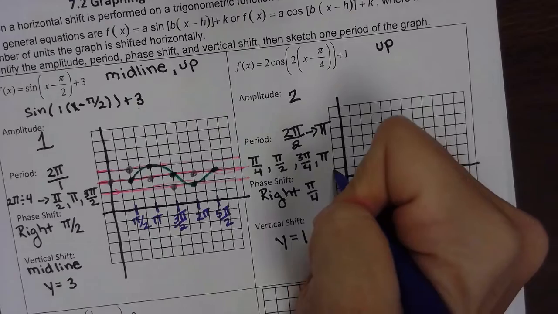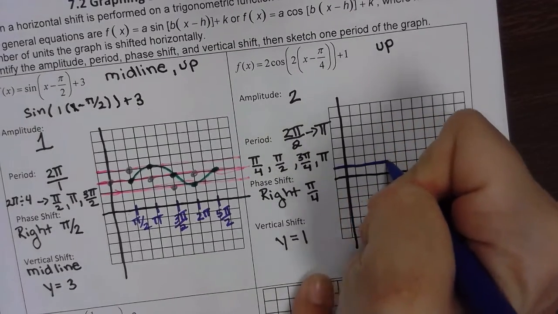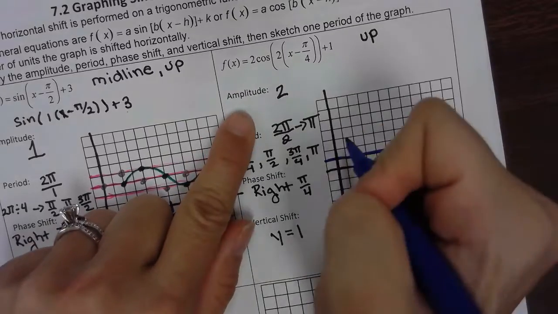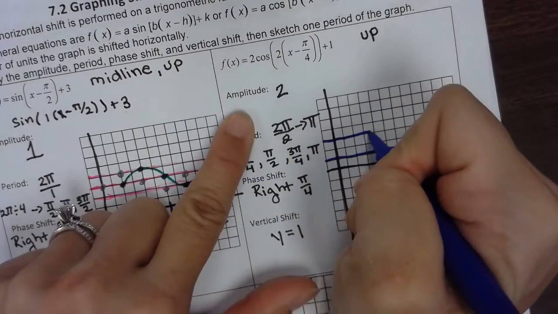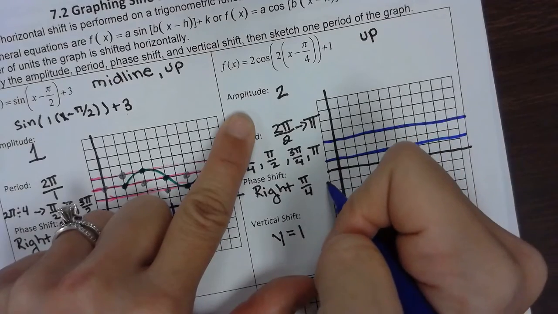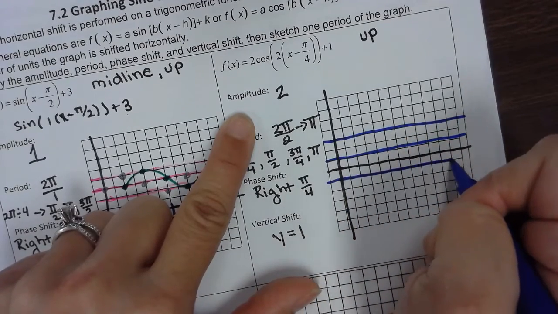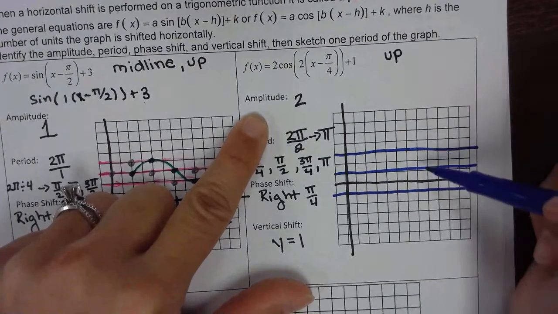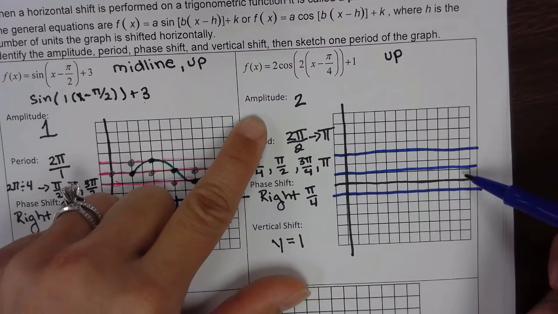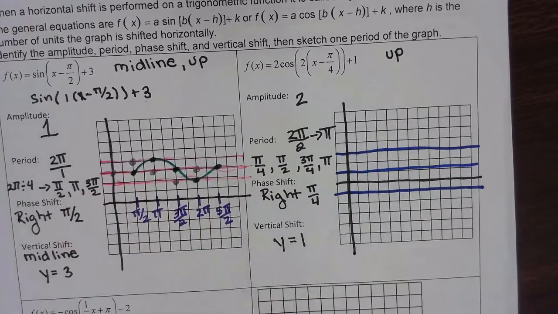All right, so our midline is at y equals 1. Our amplitude is 2 up from the midline and 2 down from the midline. So remember, that means I'm only putting my coordinates on these blue lines, the up, the middle, or the lower.